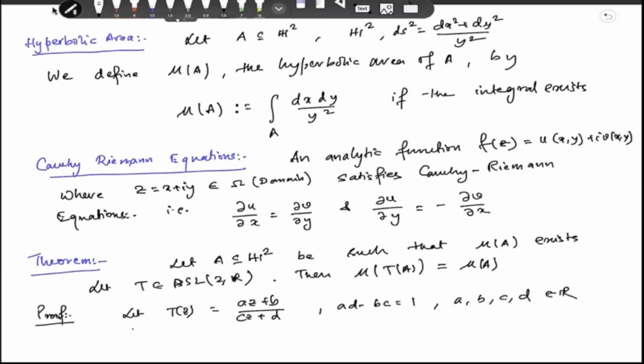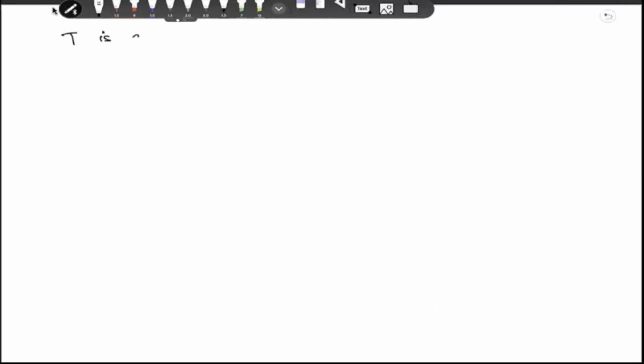Let us take z equals x plus iy, and we can also write T(z) equals u(x,y) plus i v(x,y). This T is an analytic function. Therefore, T will satisfy the Cauchy-Riemann equations.